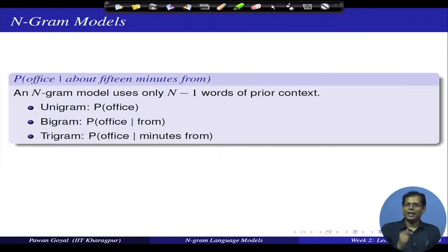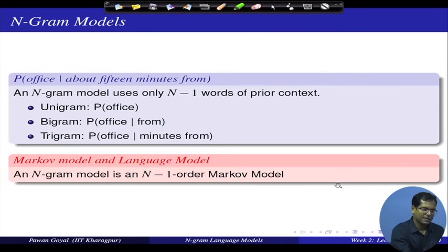Now, can you try to relate an n-gram language model with some kth order Markov assumption? In kth order Markov assumption, we were using k previous words. So if I am using k previous words, I have a k plus 1 gram language model. So I can say an n-gram language model is an n minus 1th order Markov model.